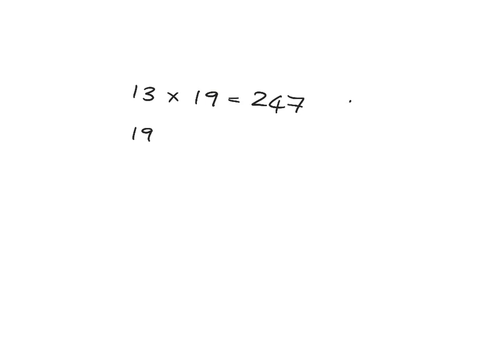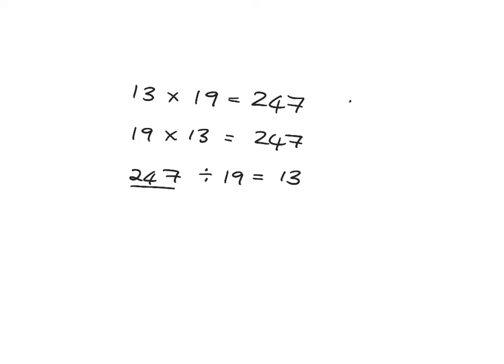Okay, so you hopefully remembered it doesn't matter which order you do the multiplication in. 13 times 19, 19 times 13 is the same. And then your division facts would have been that if you take 247 and you divide it by 19, you get 13.